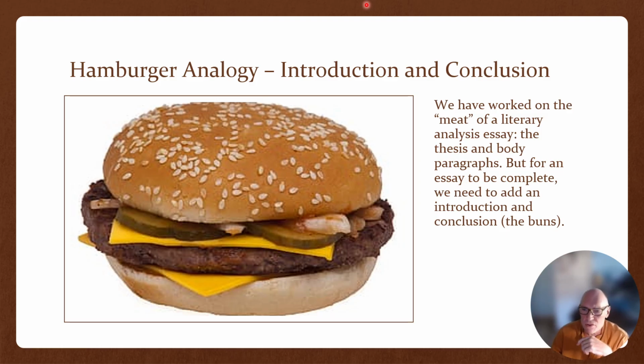So the introduction and the conclusion are what form the top bun and the bottom bun. They hold the meat and the fixings together, to continue the metaphor, but it also allows the reader to digest what you've written easier.